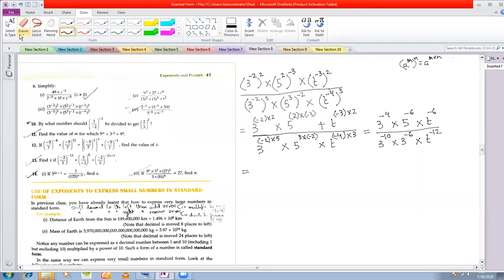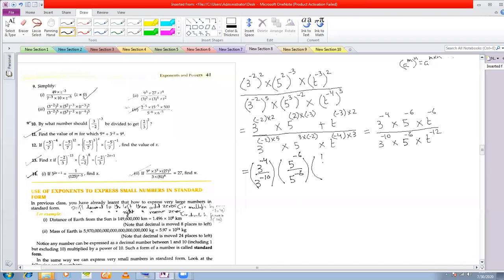This is not 3, this is 5. You take all the 5's together, you take all the 3's together. 3 to the power of -4 divided by 3 to the power of -10, into 5 to the power of -6 divided by 5 to the power of -6, which essentially will cancel.